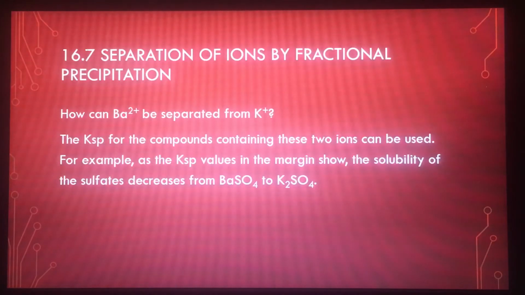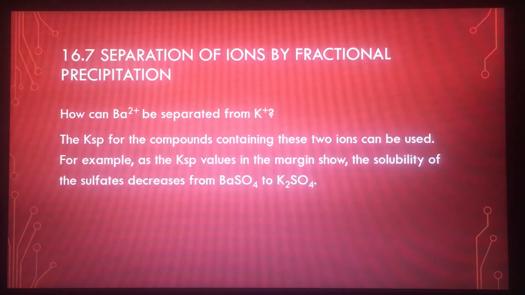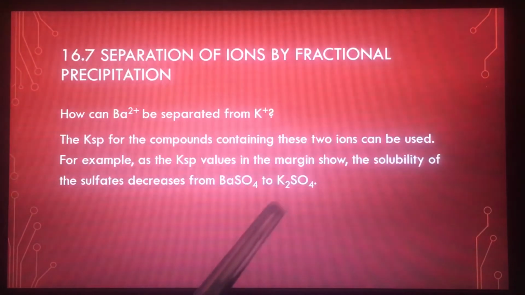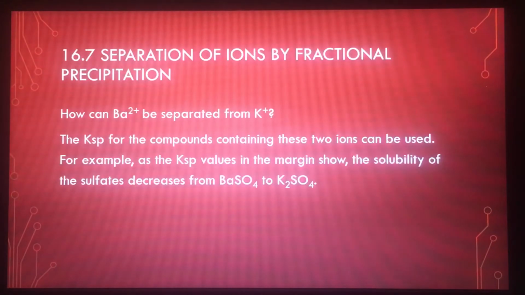So for example, if you take a look at the solubility product constant of barium sulfate and potassium sulfate, the Ksp of barium sulfate is much less than the Ksp for potassium sulfate.